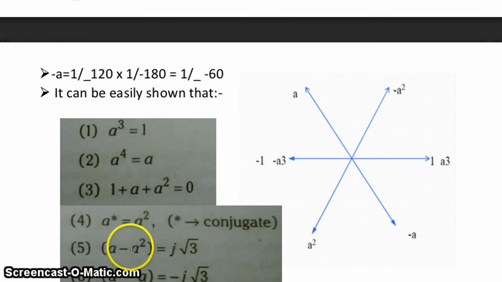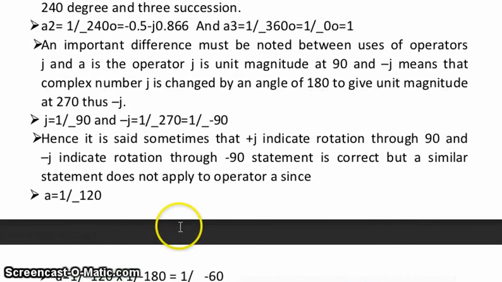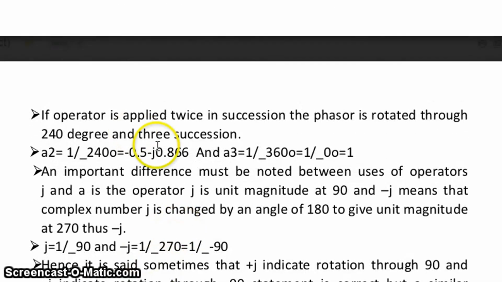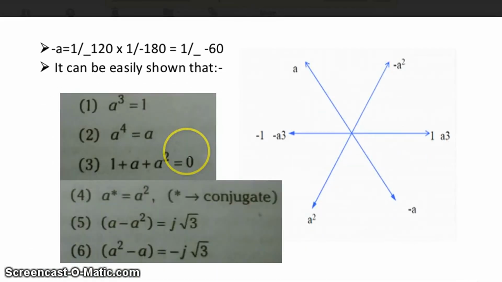Again, we can show as we had done before, by writing it in the complex form, that it is equal to j root 3. In this case, since it is a minus a square, the real part will get removed, the imaginary part will get added up, and as a result we get j root 3. a square minus a can be similarly shown to be equal to minus j root 3.